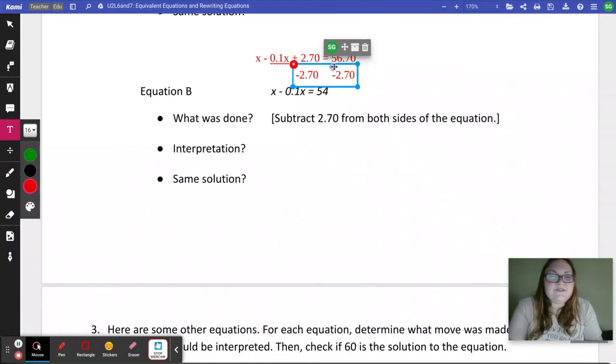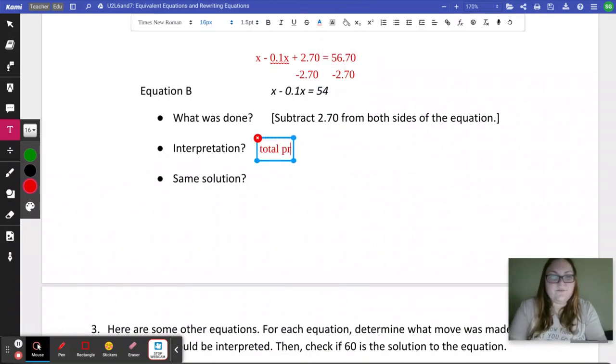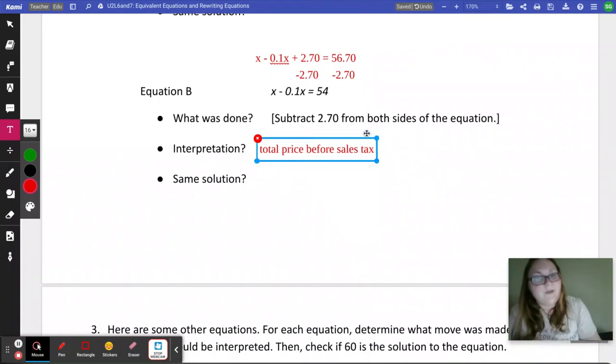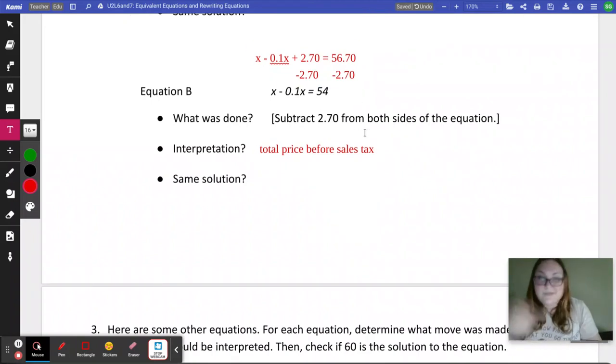But when I take away the 2.70 on both sides, I'm figuring out the total price before sales tax. Or you could say the price of the jeans, including the coupon, because that coupon's still there, but without the sales tax.